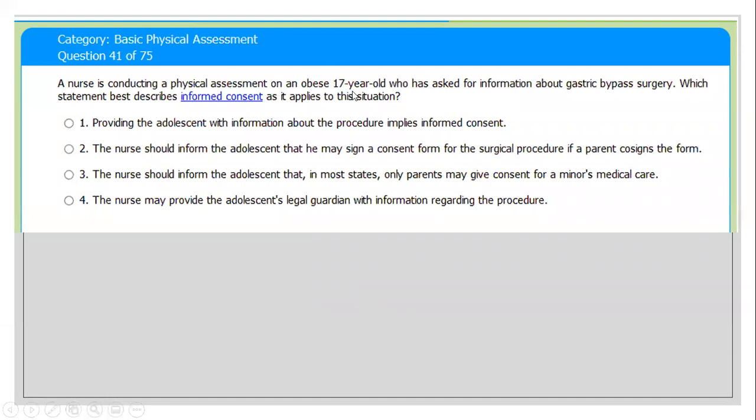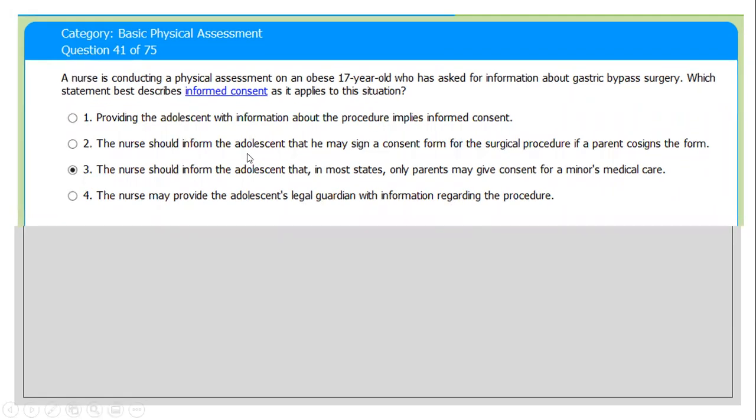The patient is 17 years old. Number three, the nurse should inform the adolescent that in most states only parents may give consent for minor medical care. Number four, the nurse may provide the adolescent's legal guardian with information regarding the procedure.